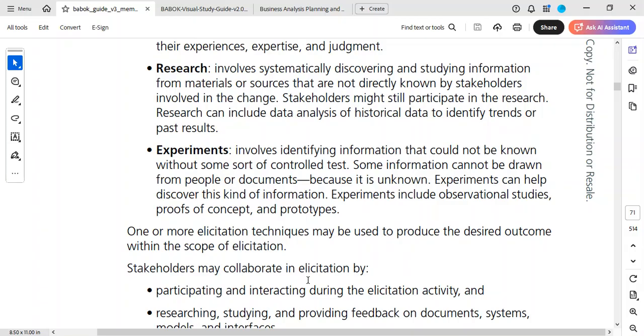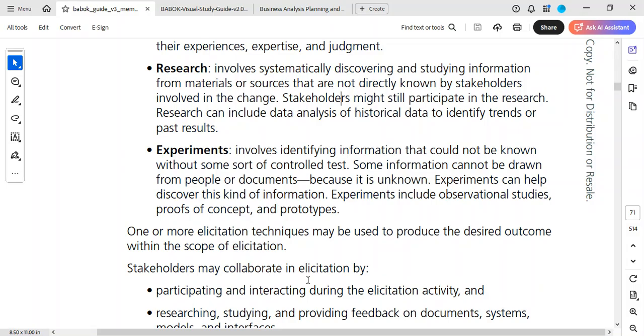Experiments can include observational studies, proof of concept, like I mentioned before, and prototypes.